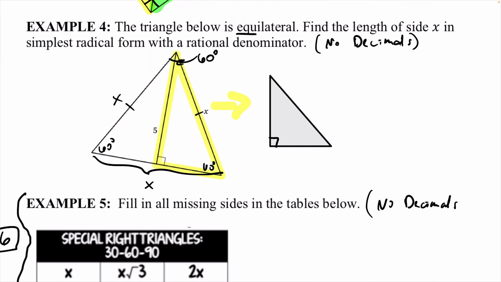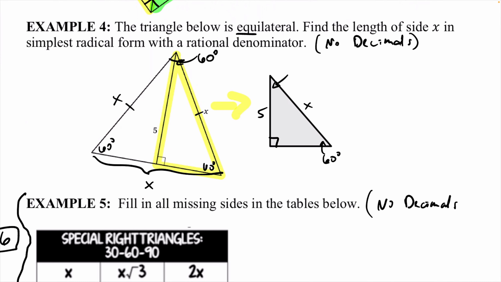So I know that this is 60. I know that this is 5, and that's x, because that's what carries over. What's this top angle here? Do we know what this top angle is? It has to be 30, right?